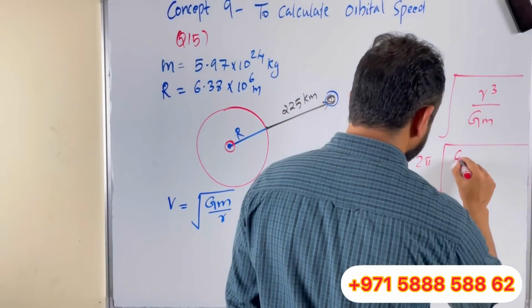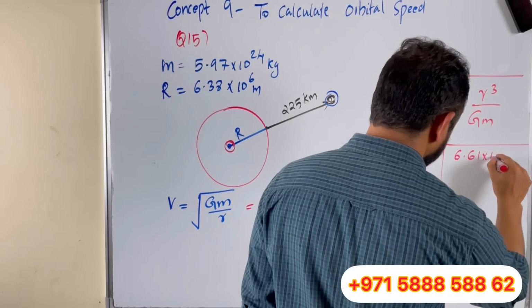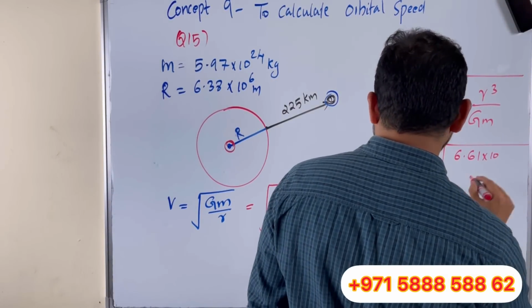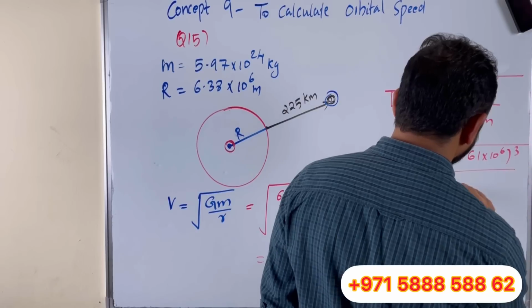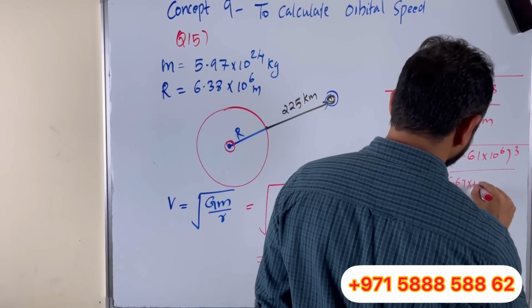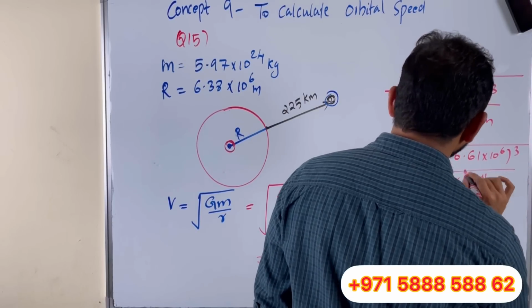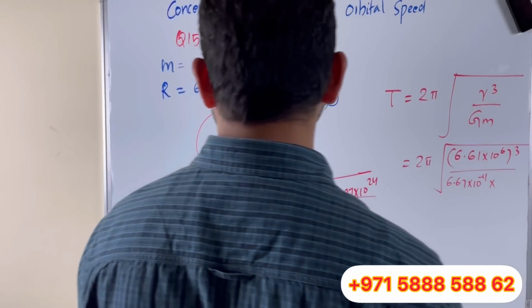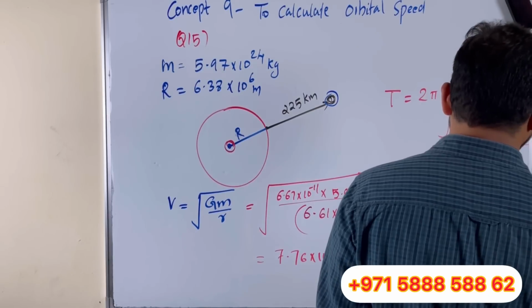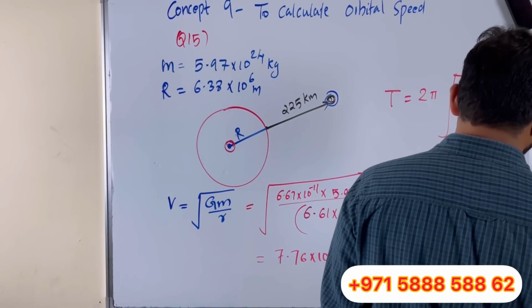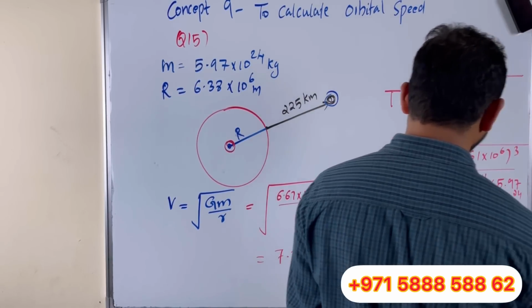The orbital radius, 6.61 times 10 to the power 6 cubed, divided by 6.67 times 10 to the power negative 11 times the mass of the Earth, that is 5.97 times 10 to the power 24.